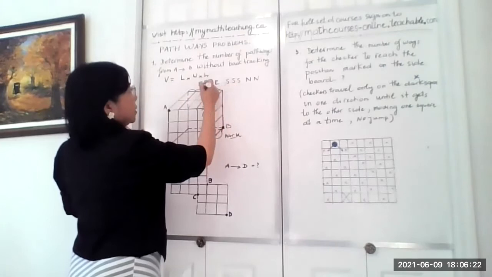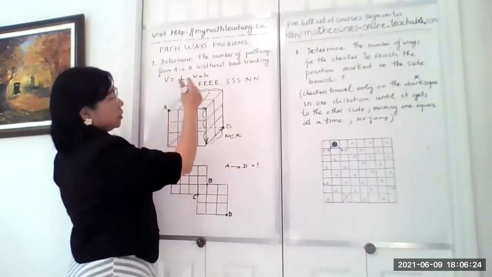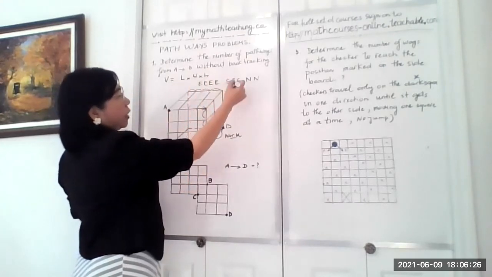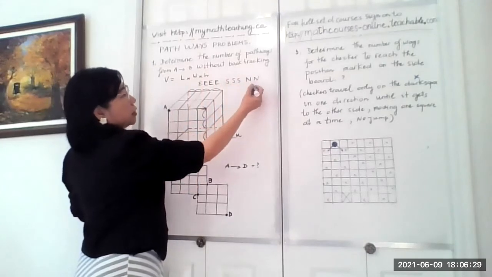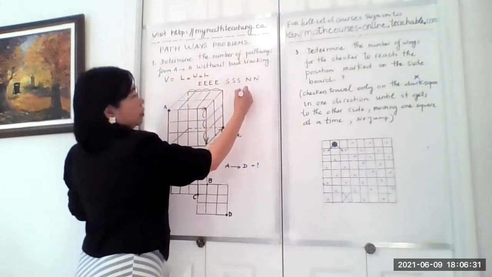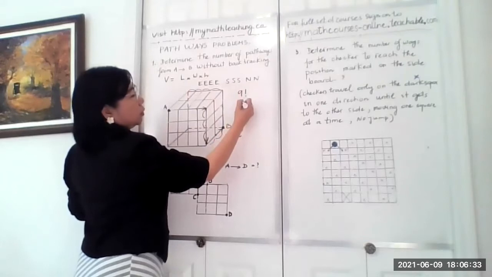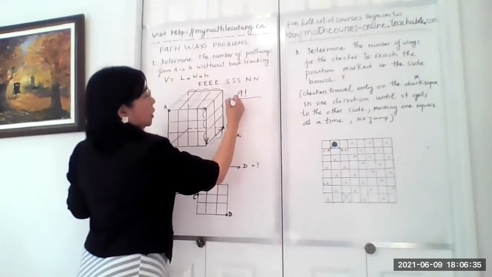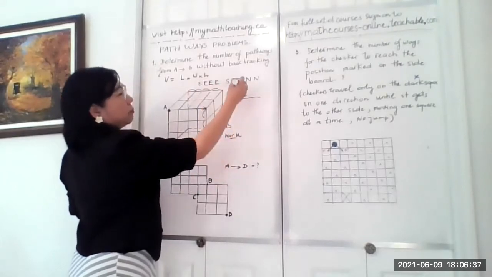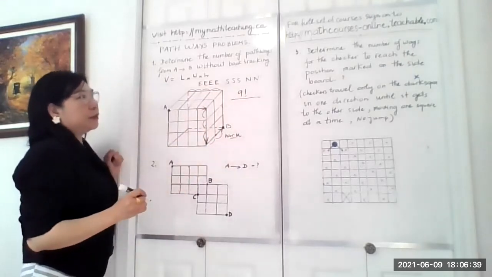So your total number of letters is how many? We have 4 add 3, 7. 7 add 2 is 9. So the answer will be 9 permutation, or 9 factorial. And of course, you have to divide by the same letters, right?